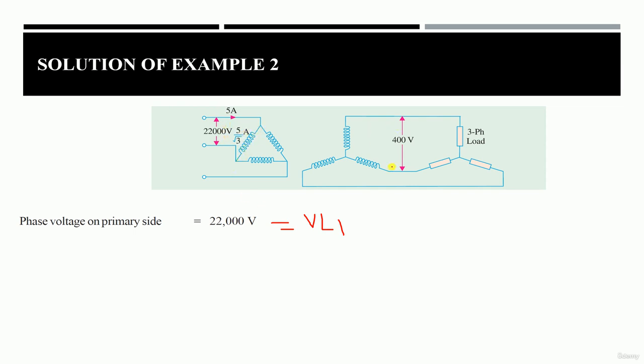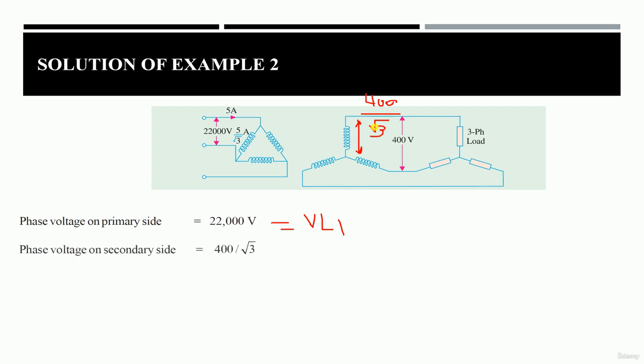And for the secondary, we have the line to line voltage equal to 400 volt, which means that the phase voltage here will be equal to 400 divided by root 3, as we learned. So from these two values, 22 kilovolt phase voltage of the primary and 400 divided by root 3, the phase voltage of the secondary, we can get the turns ratio.